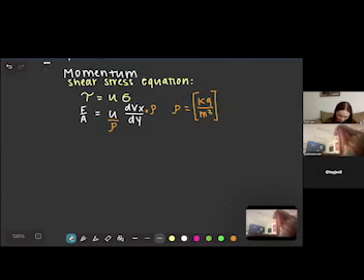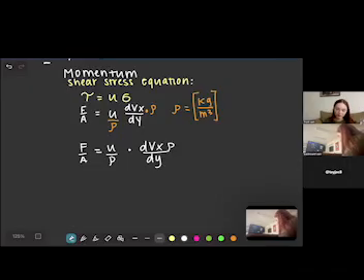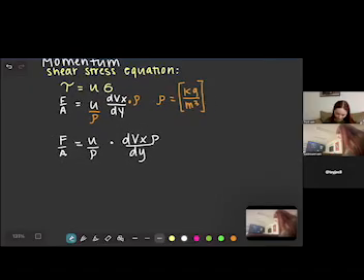So in turn, we get an equation that looks like this: viscosity divided by density times the velocity multiplied by the density. And now breaking this down by units is how we're going to be able to find some kind of relationship.